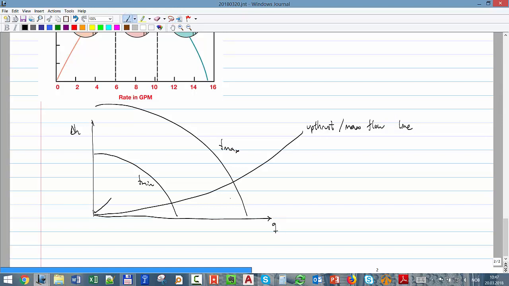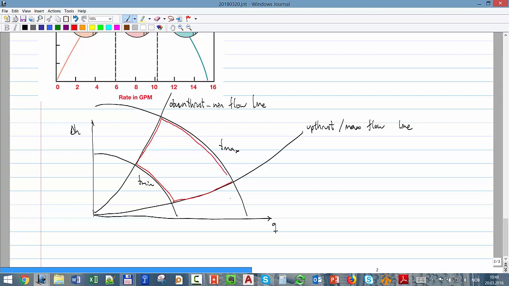And that tells you that your operating area of the ESP looks like that.